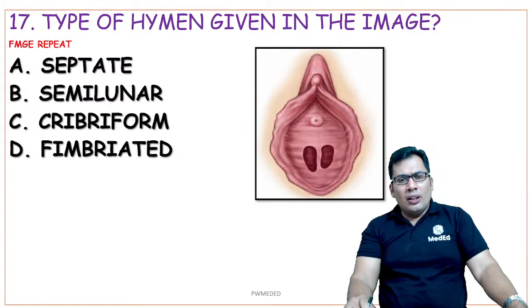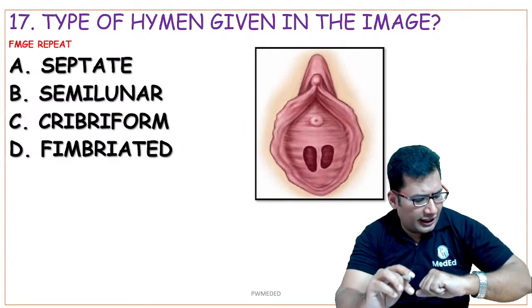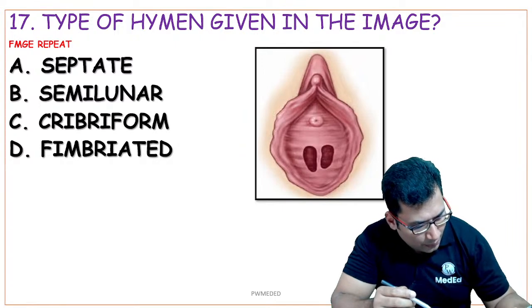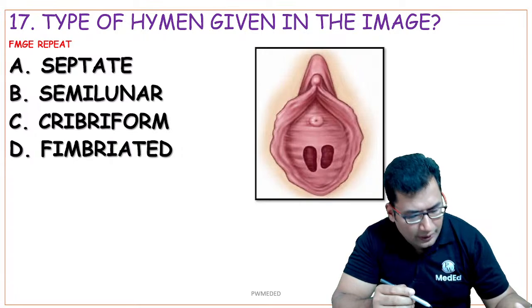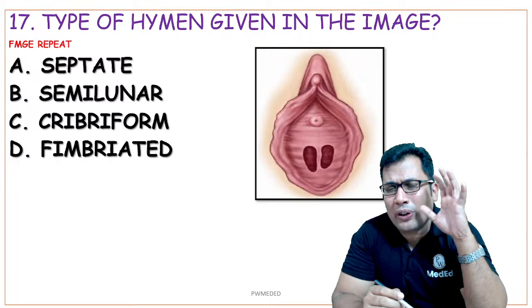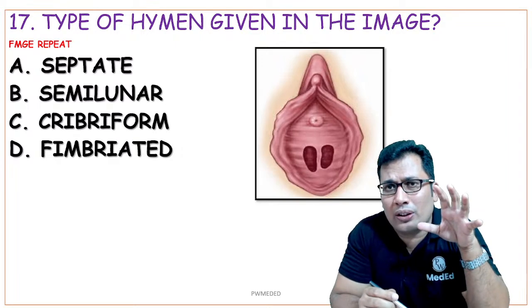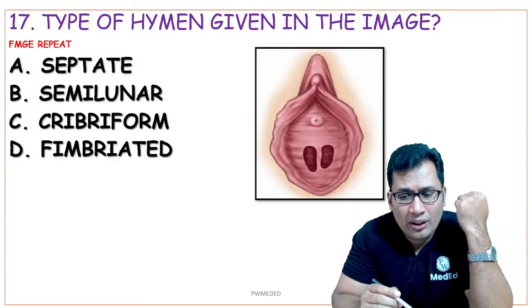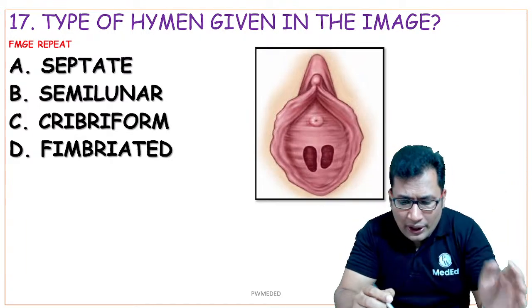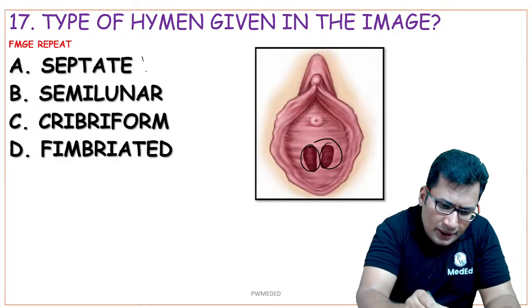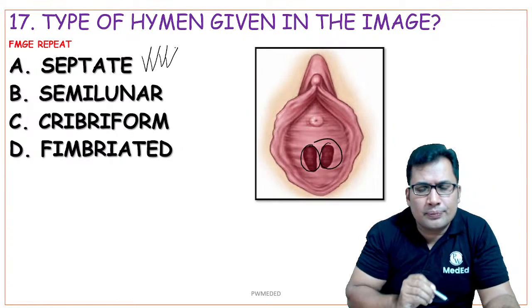Now, the type of hymen given in the image. Try to answer. This is a question about virginity and sexual offences, or sexual jurisprudence. What you can see here is two openings, so it must be a septate hymen.